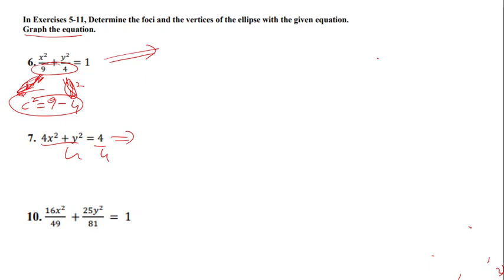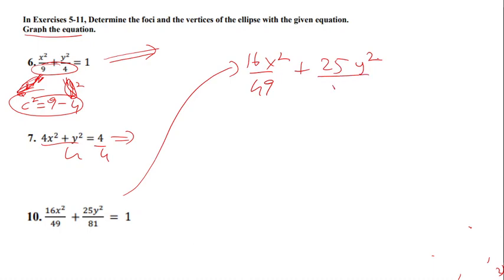Okay, now first write this one in standard form. A good question will be, how to do it? This is already in standard form. What I mean here is you can write this one as x squared over 49 over 16, and this one as y squared over 81 over 25.